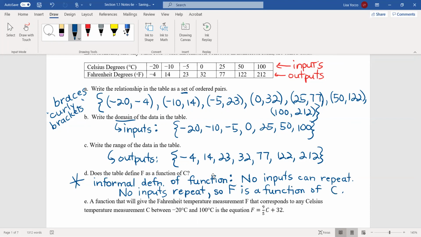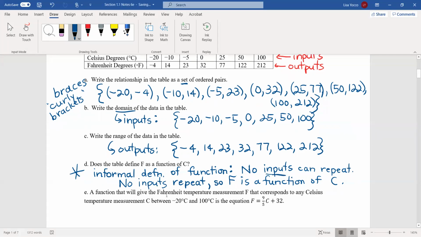A function always expresses a relationship between two variables, all right? So it wouldn't be correct to just look at that table and say that's a function, because that's not enough information. It's always got to be X is a function of Y or Q is a function of S. There are always two variables involved, all right? And that's why that informal definition is useful, remembering that you're talking about the inputs.